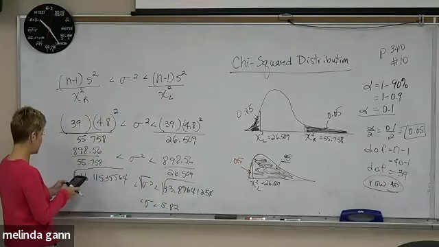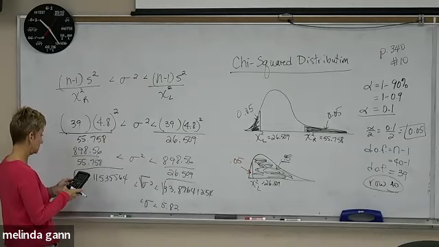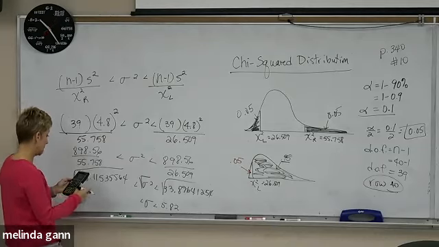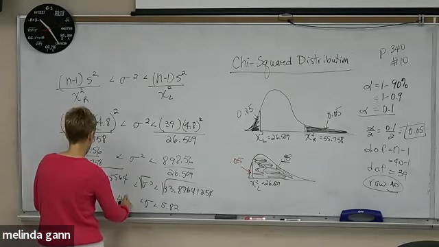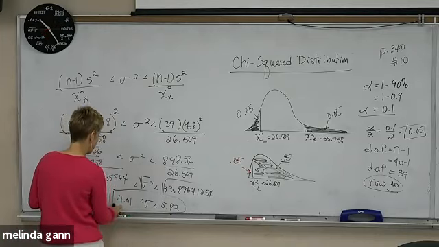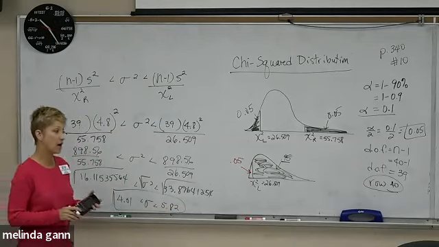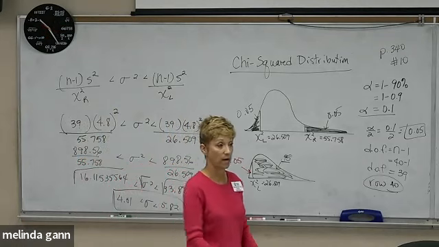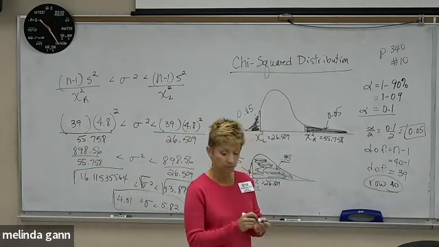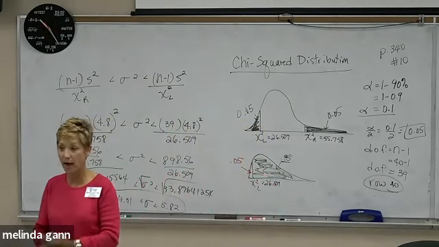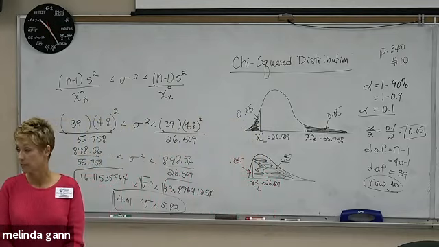And I've got to take the square root of this number too, so it should be a little more than 4. Looks like I got about maybe 4.01. So there's my final answer. So it's not hard, it's just that the calculator's not going to do it for you. Is everybody okay on that? You feel good about it?